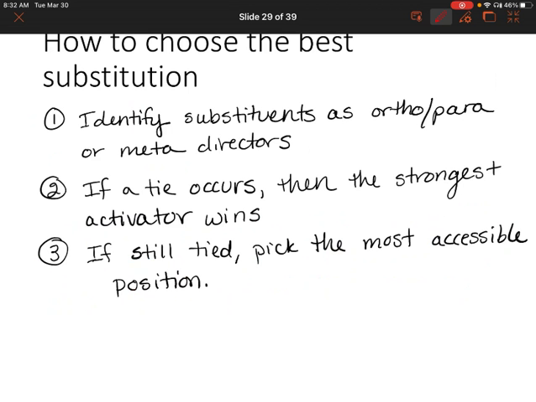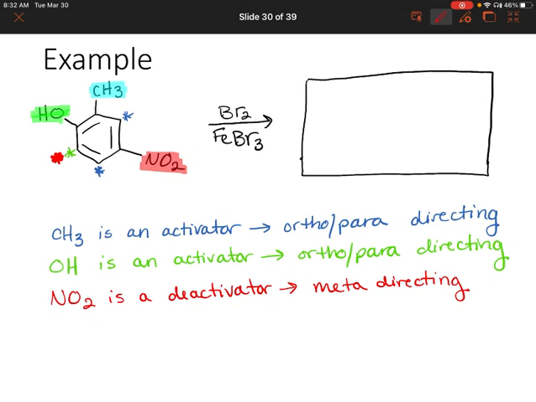So let's go to rule number 2. If a tie occurs, then the strongest activator wins. Which activator is stronger, the methyl group or the alcohol group?